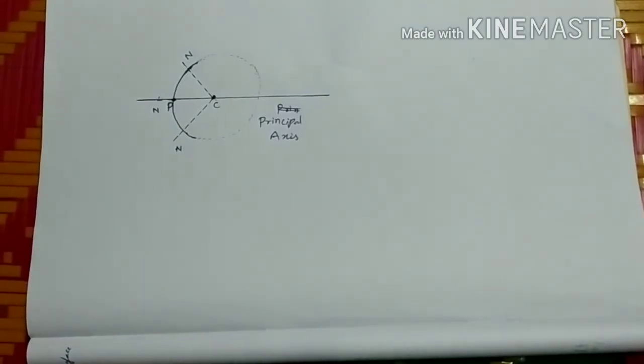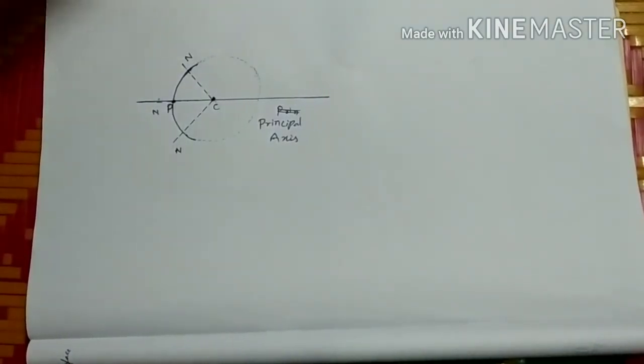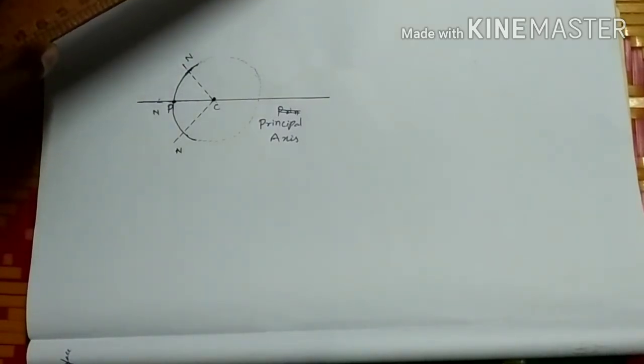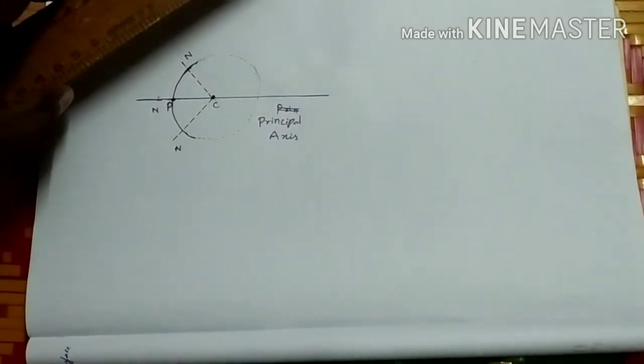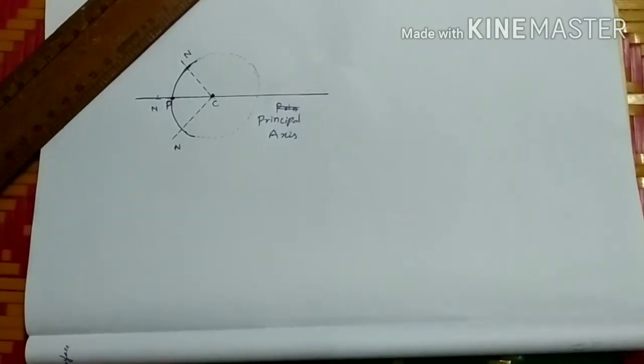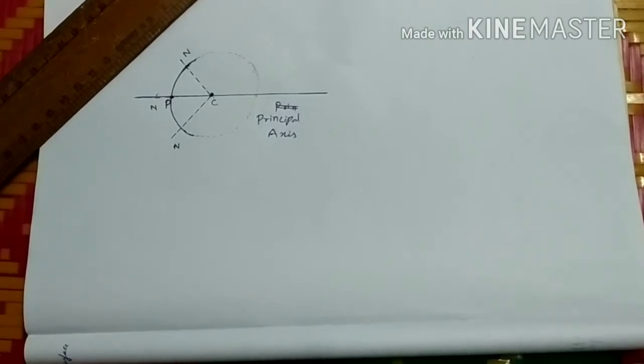And we learnt that when light travels from a rarer medium to a denser medium, the refracted ray will be closer to the normal, and when light travels from a denser medium to a rarer medium, the refracted ray will be away from the normal. That we learned in plane surfaces.